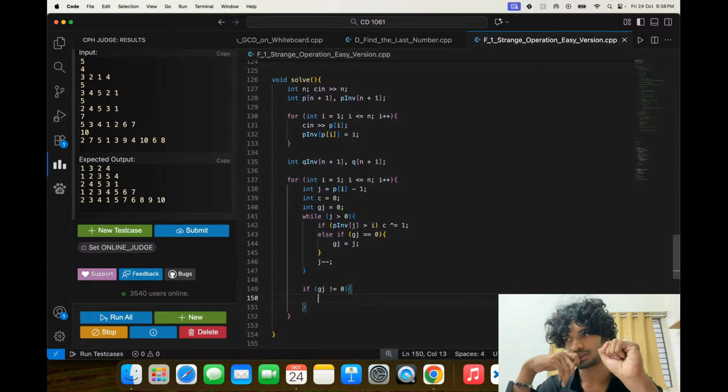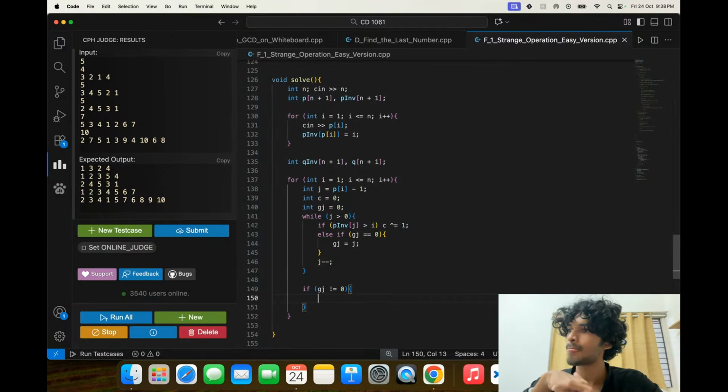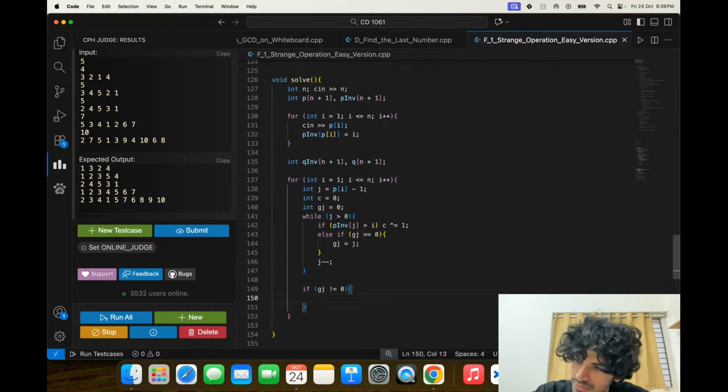So where would this green go, because something else might come here?